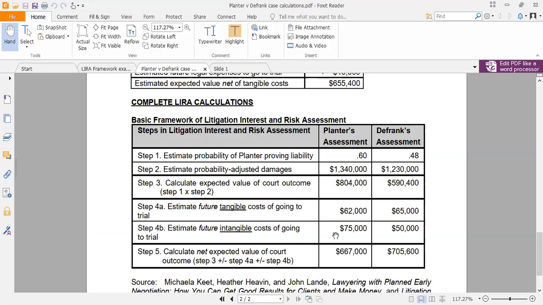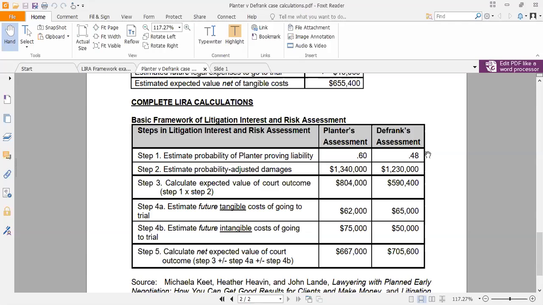So if you deduct that $75,000, her net expected value of court, or really what's commonly known as the bottom line, is $667,000, deducting $62,000 and $75,000 from the $804,000.